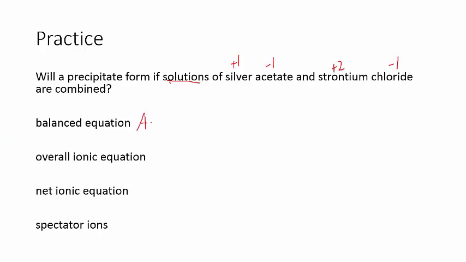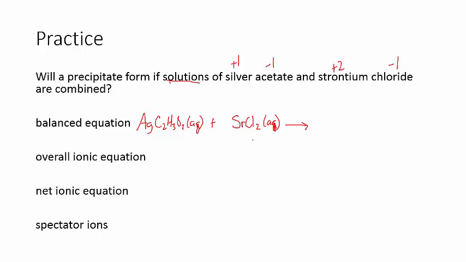So +1 silver, -1 acetate. I know it's aqueous, because they're both solutions, I don't have to check. And let's see, I have strontium +2, chloride -1. Again, I know it's aqueous.